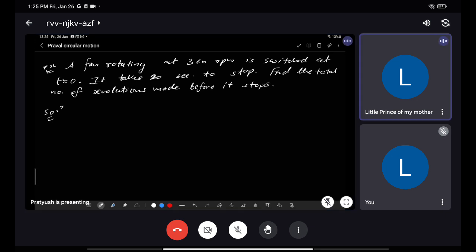Using v equals u plus alpha t, from 360 minus alpha into t, in 20 seconds, so we get alpha t.